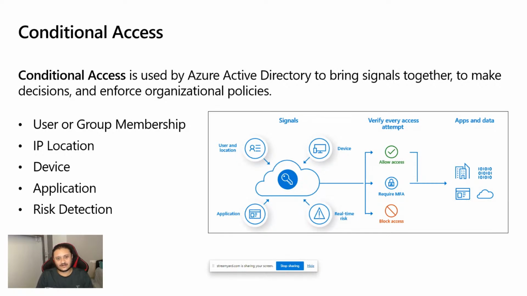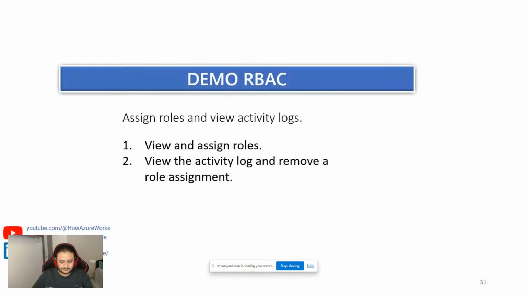So you will get an alert that these particular resources are being accessed from this location. This type of log you will get on the Azure portal. So this is how we can define the conditional access, and it is widely used in the corporate environment. So that's how we can configure it.